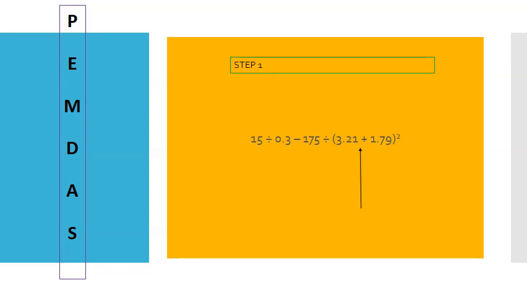Okay, so just think about this problem and what we're doing here. We're dividing, subtracting, dividing, adding, and finding the square of decimals and whole numbers. So in a nutshell, that's what we're doing here. We have to figure out what we have to do first. What do we have to do first?